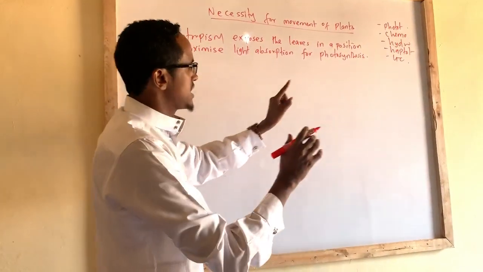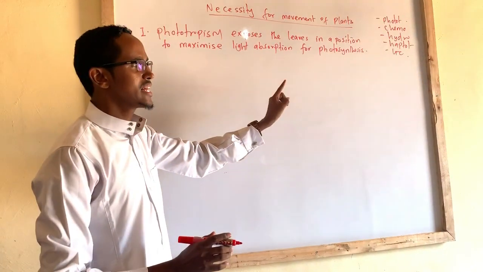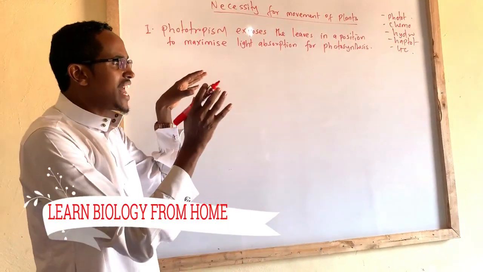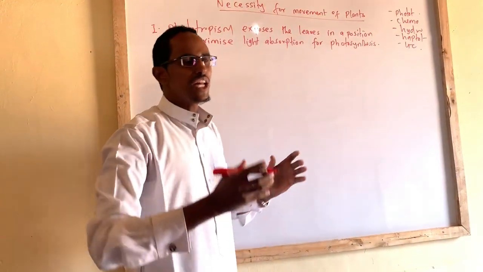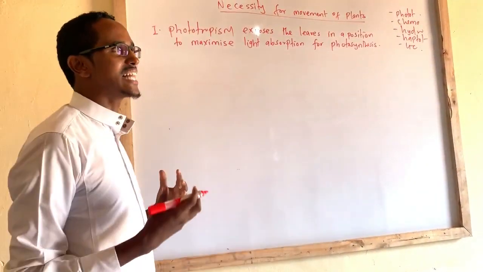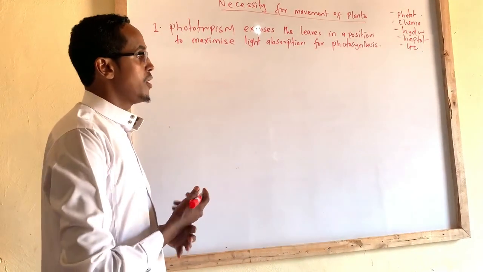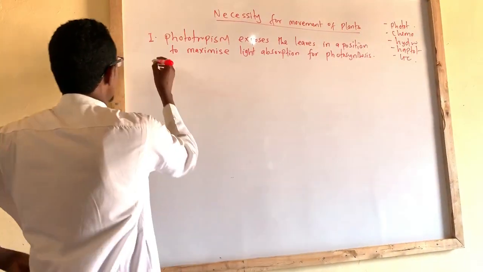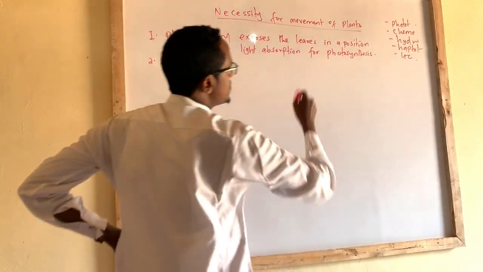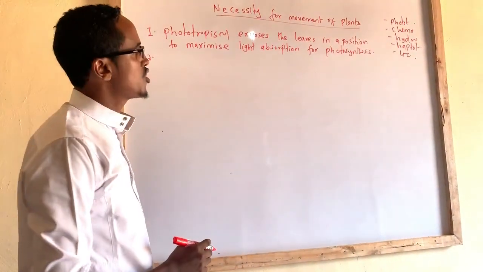Phototropism exposes, and you have seen that particular thing that we have demonstrated, the shoot and the leaves will move toward the source of light. That will enable them to maximize light absorption to enable efficiency and effectiveness in the process of photosynthesis. Number 2. What is the importance of chemotropism?